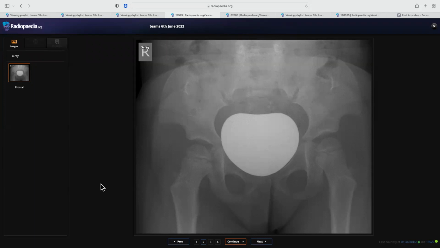There is, I think, some tombstone appearance of the iliac bones with a champagne glass pelvic inlet appearance and horizontal acetabular roof. So I'm thinking of some congenital hereditary disease.